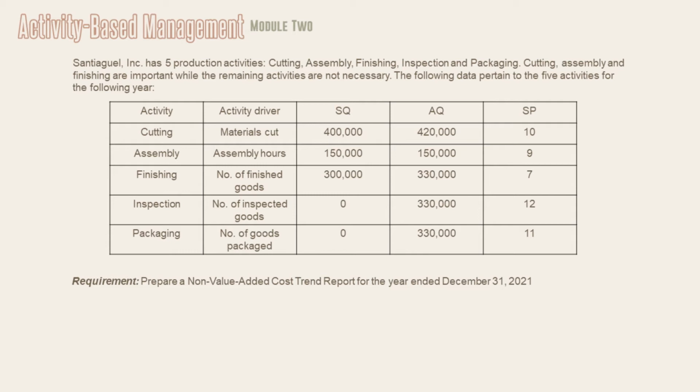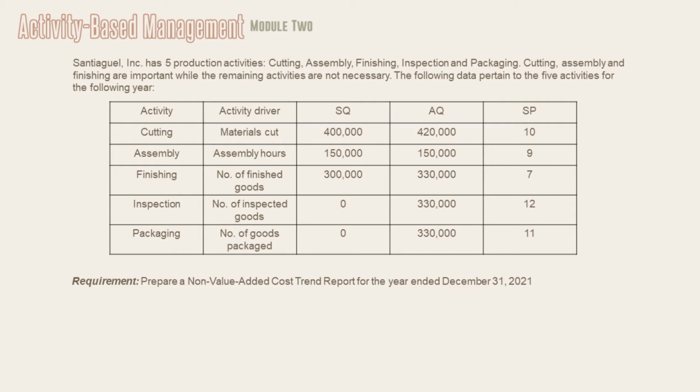For assembly activity, its activity driver is assembly hours. Its SQ is 150,000. Its AQ is 150,000 as well. Its SP is 9. For finishing activity, its activity driver is the number of finished goods. Its SQ is 300,000. Its AQ is 330,000 and its SP is 7.